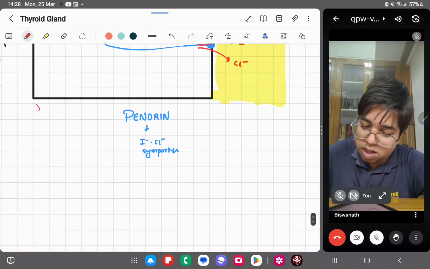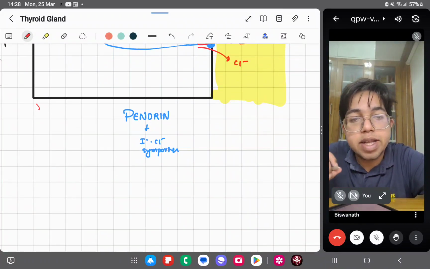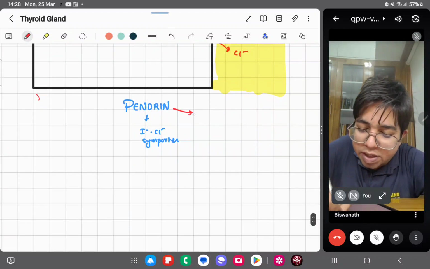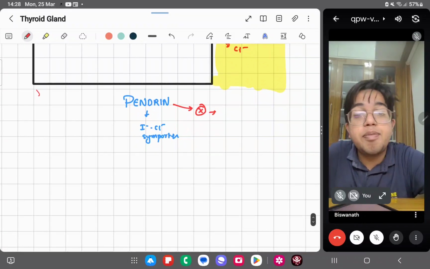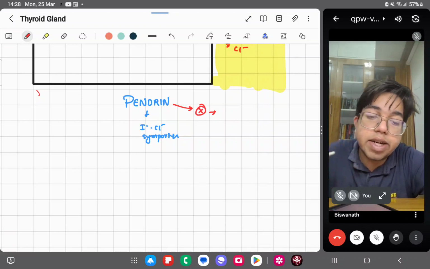This pendrin is a very important thing, because if there is a congenital defect in pendrin, then hypothyroidism will occur and hearing loss will occur. Very unrelated symptoms.